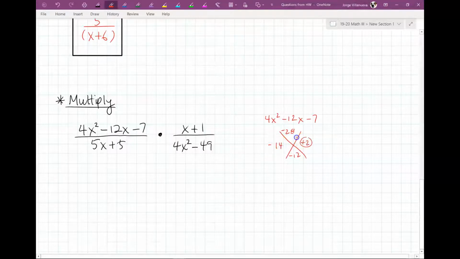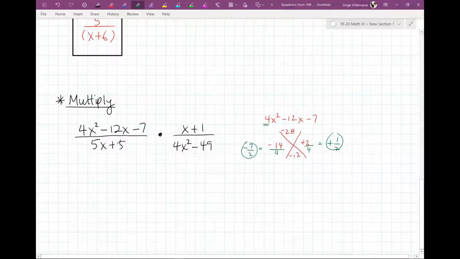And the 14 would have to be negative, the 2 would have to be positive. But actually, before I circle those, don't forget that you have to divide by this 4. Okay, so divide by 4, that gives me a positive half, and this would be a negative, if I divide by 2, I'm going to get negative 7 over 2.